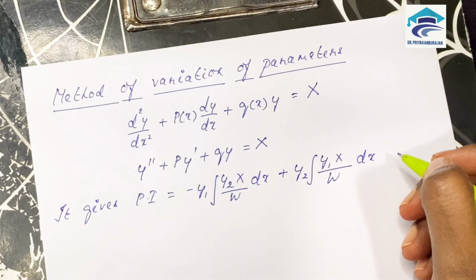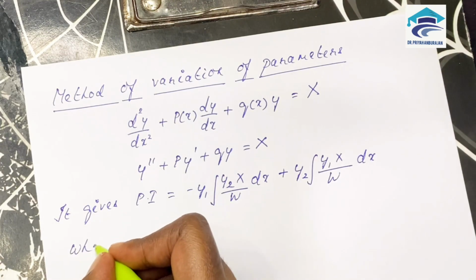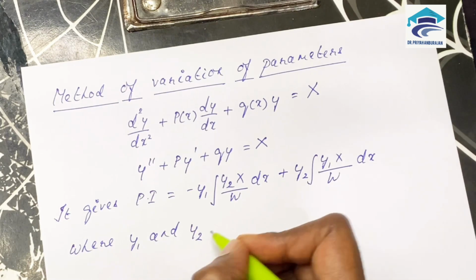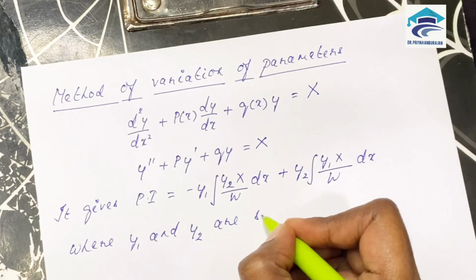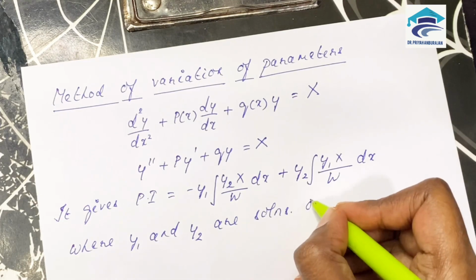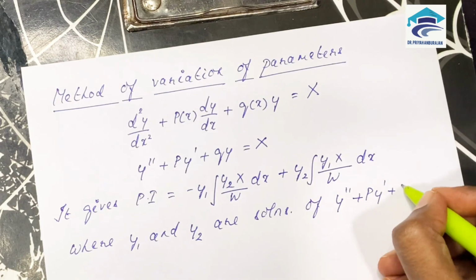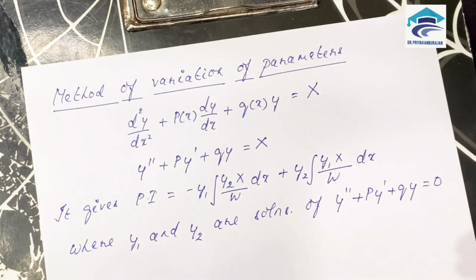This is the particular integral, where y1 and y2 are solutions of y double dash plus p y dash plus q y is equal to 0.